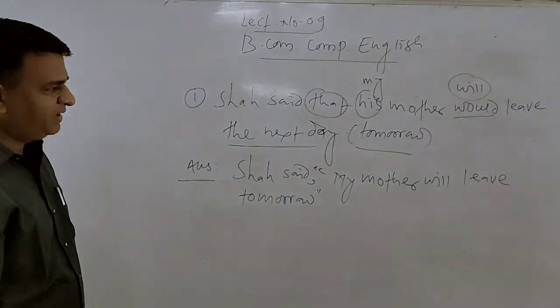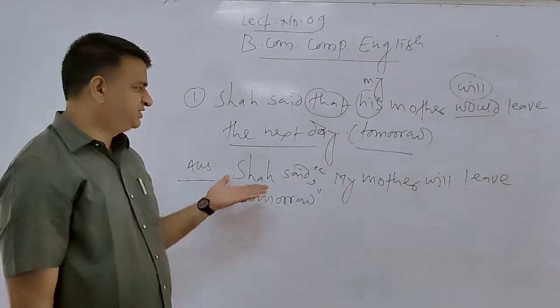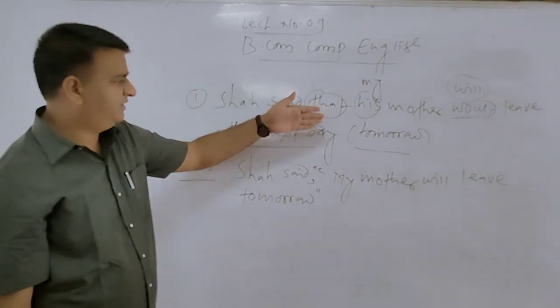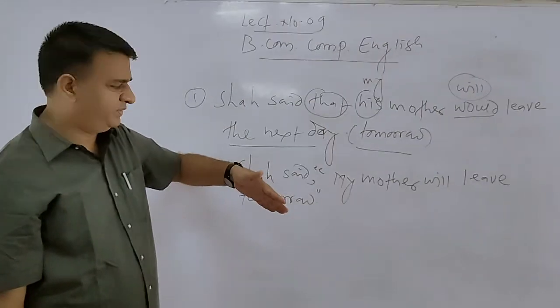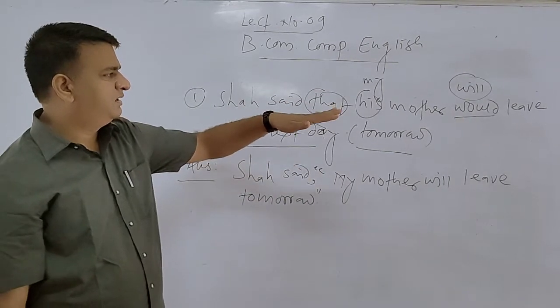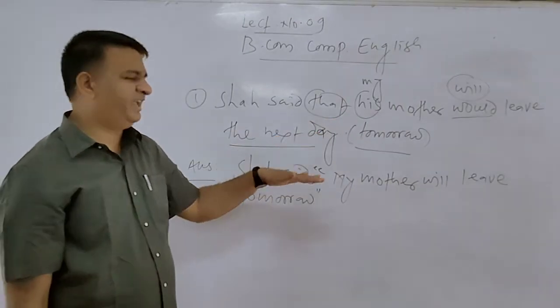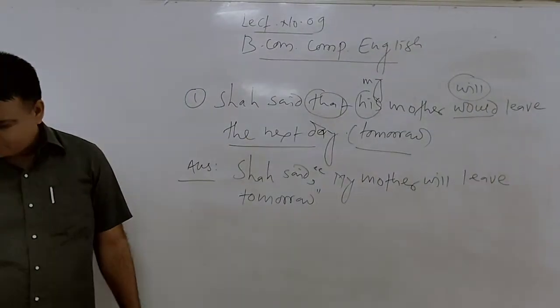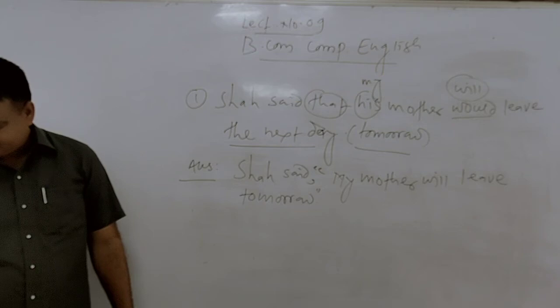Shah said my mother will live tomorrow. The same we can convert: Shah said that, added 'that', removed the inverted commas. Shah said that his mother would live the next day. Tomorrow changes into the next day. Then we have a very simple sentence like that.